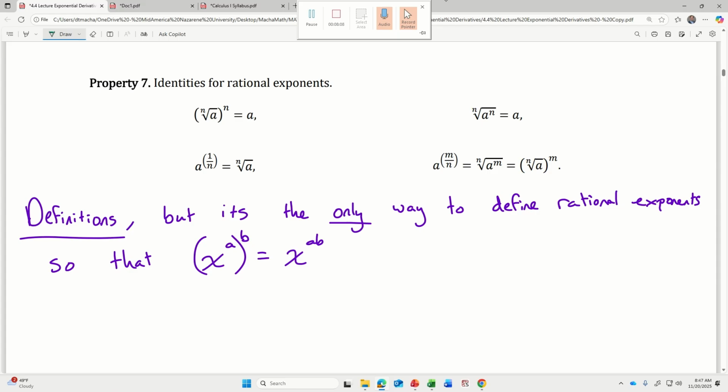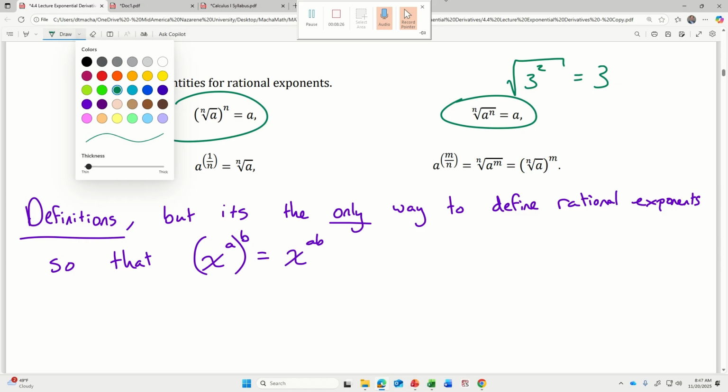That's kind of the definition of how we set up square roots. Or if I take a number and then I square it, and then I take the square root, that should give me the number back. This is kind of the definition of square roots, the definition of cube roots, the definition of fourth roots.